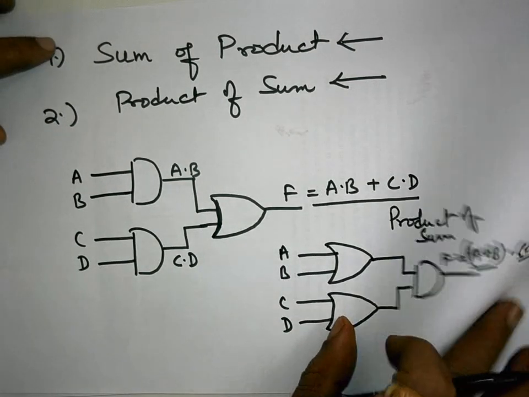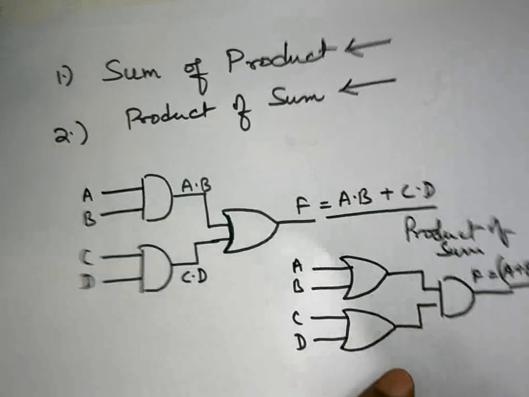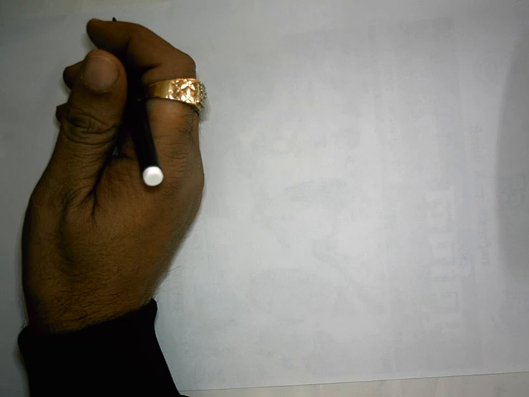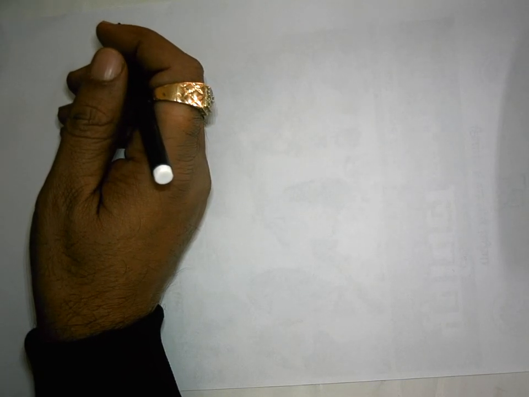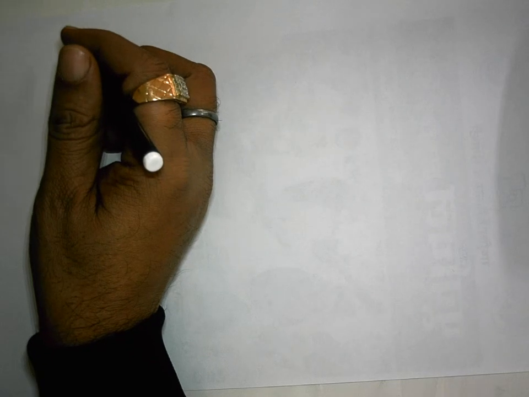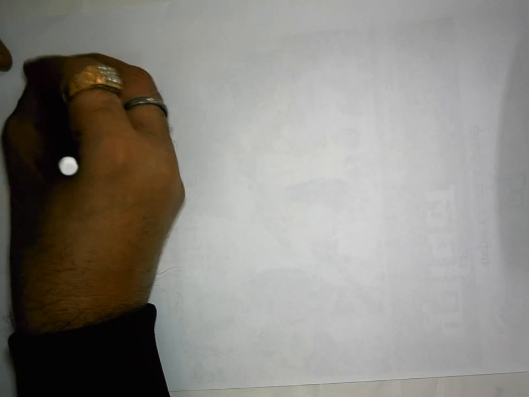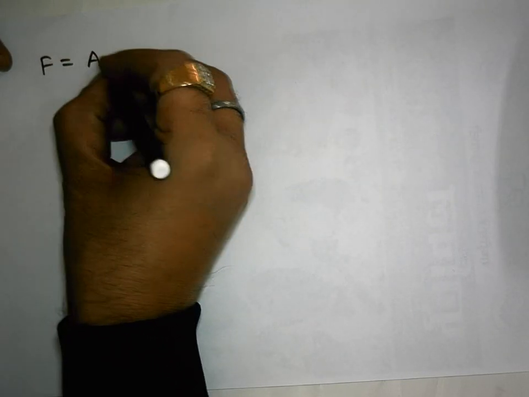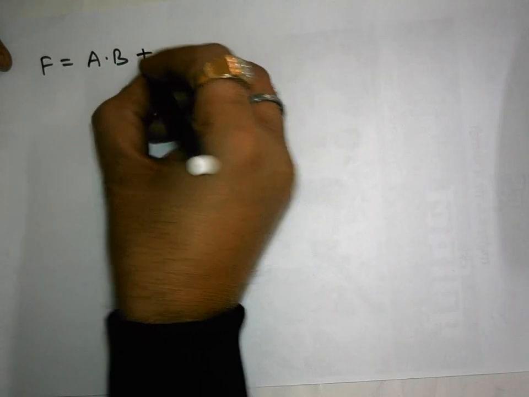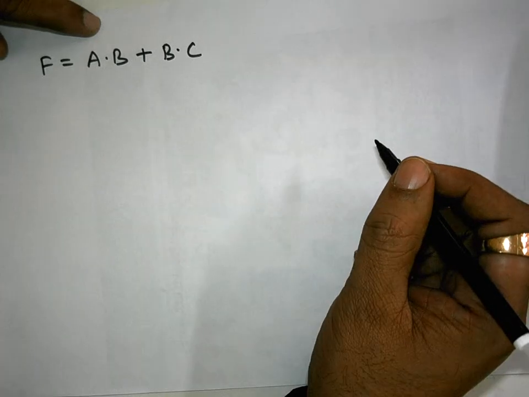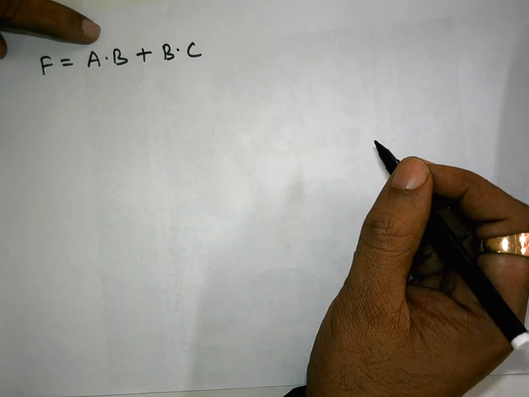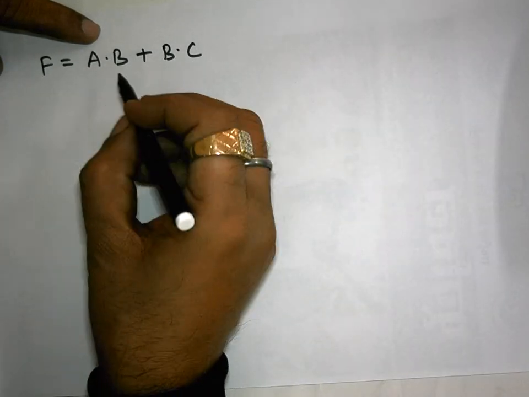Now, suppose some logical expression is given to you, then how can you translate that logical expression into a circuit? Suppose somebody has given some expression F equal to A dot B plus B dot C, and wants a design for it. So what is the way to proceed?